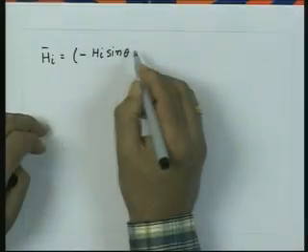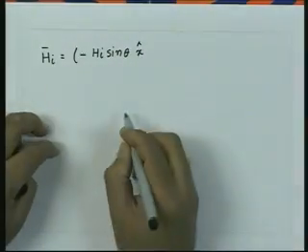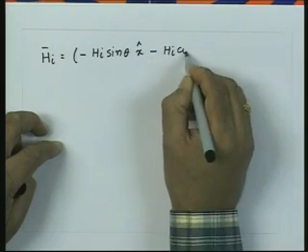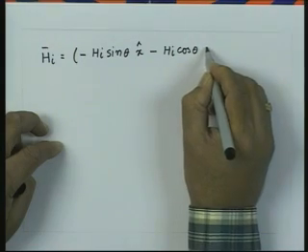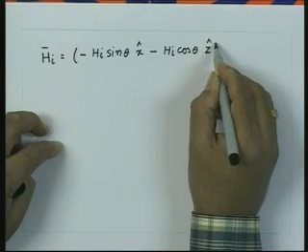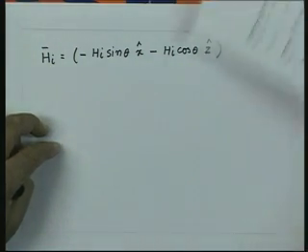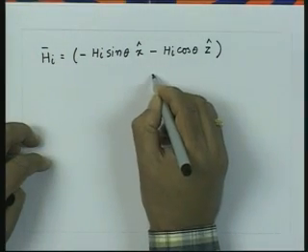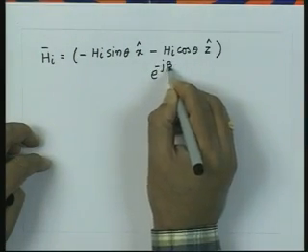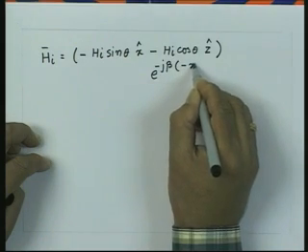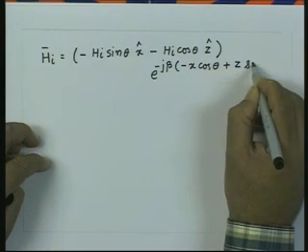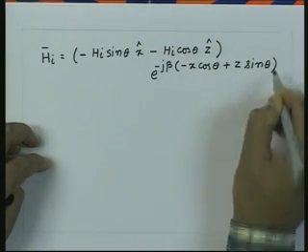So, this is along the x axis, unit vector x, minus H_I cos theta, unit vector z, and both these fields will have a phase function identical to this. So, this will be multiplied by e to the power minus j beta, minus x cos theta plus z sin theta.